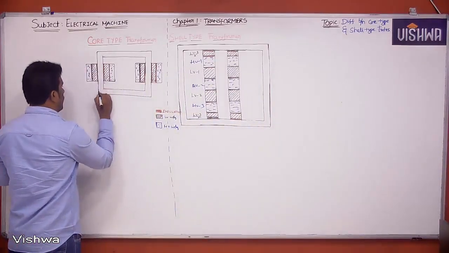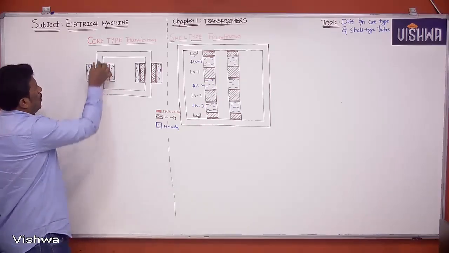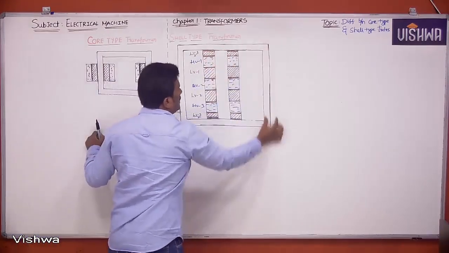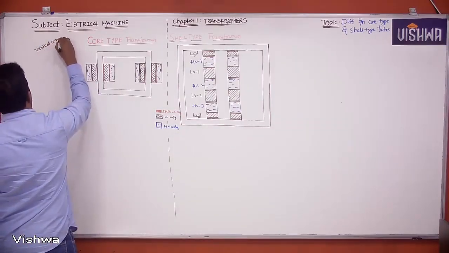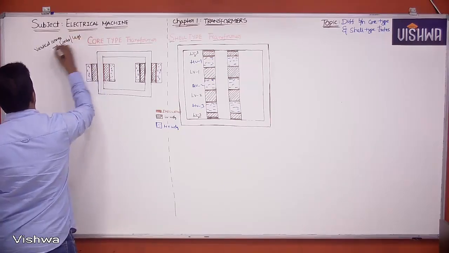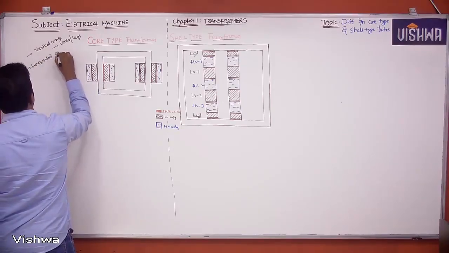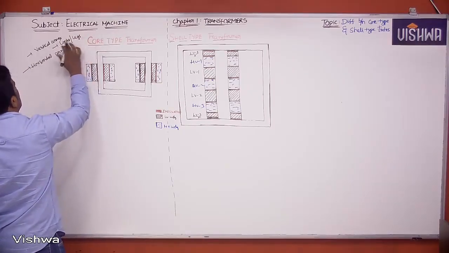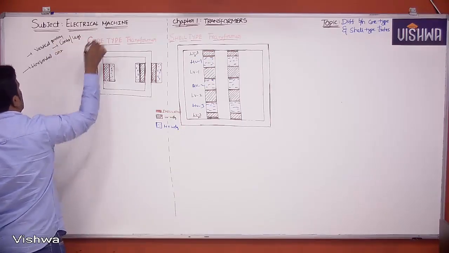See, in core type transformer, in shell type transformer, if you see clearly, these vertical arms can be called as limbs. Let me write this point here. Vertical arms, or vertical portions, can be called as limbs or legs.